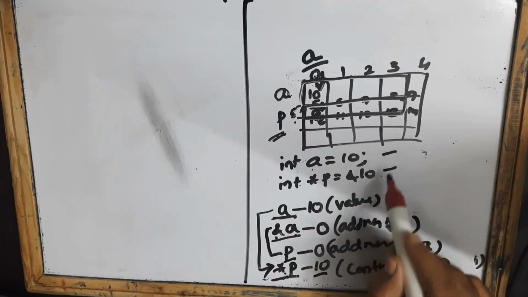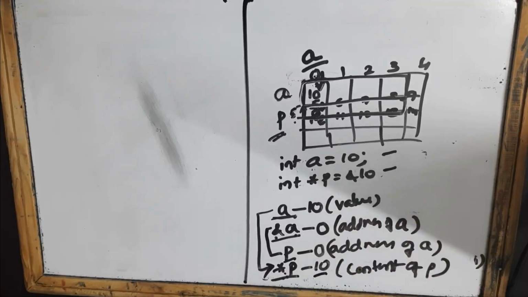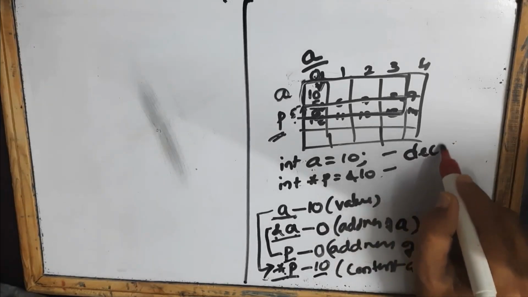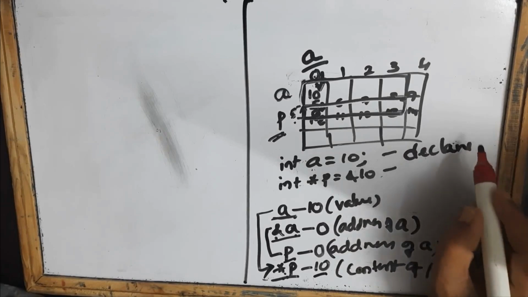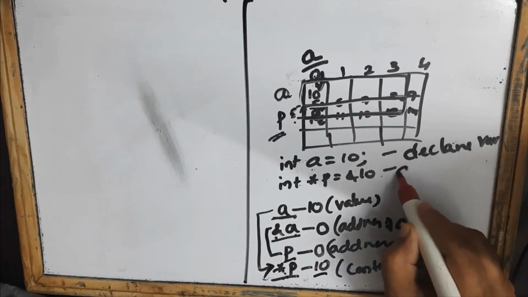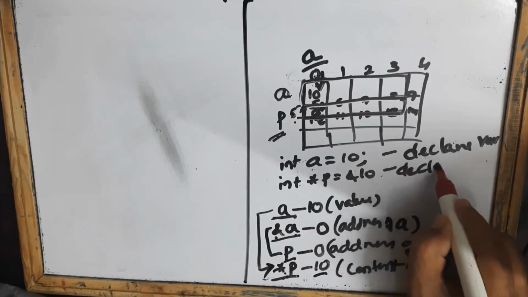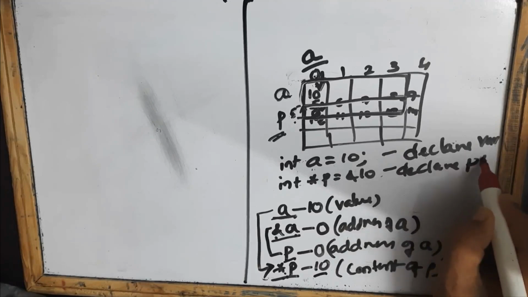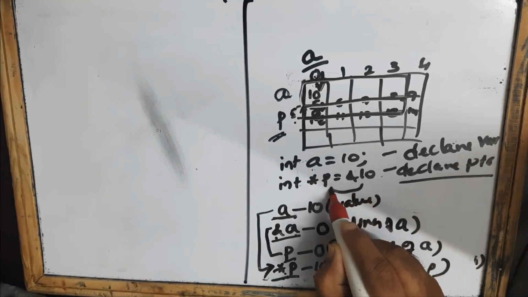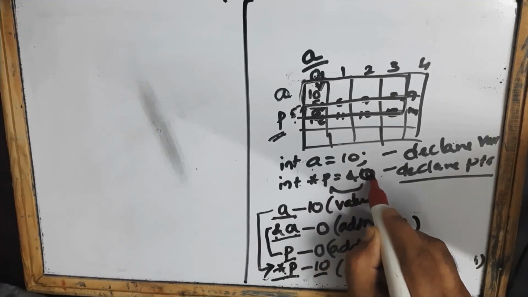And these two lines are required. First, to declare a variable, and this is to declare a pointer and assign the address of a, &a.